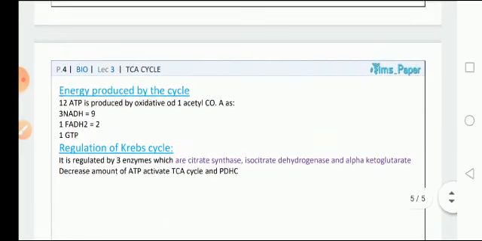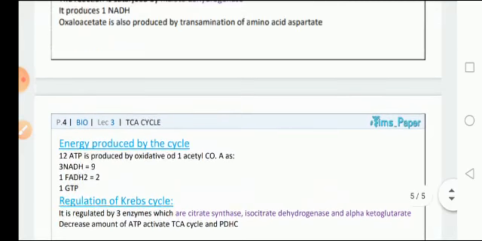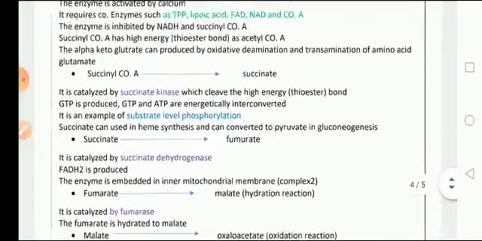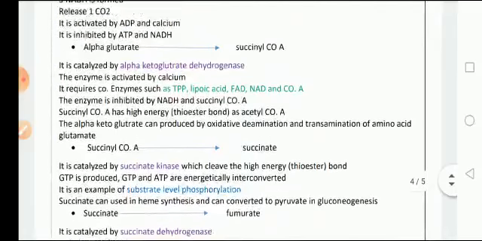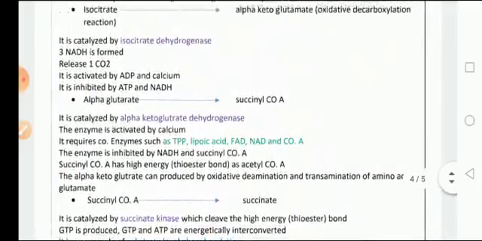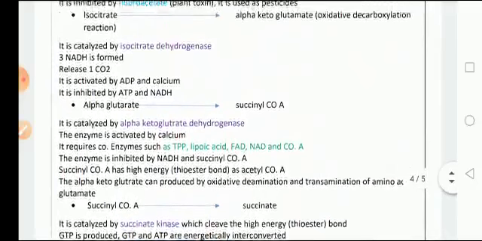Before ending the lecture, we are going to go through the energy produced by the cycle. Here, we have produced actually 3 NADH. The first NADH was produced by the conversion of isocitrate to alpha-ketoglutarate.